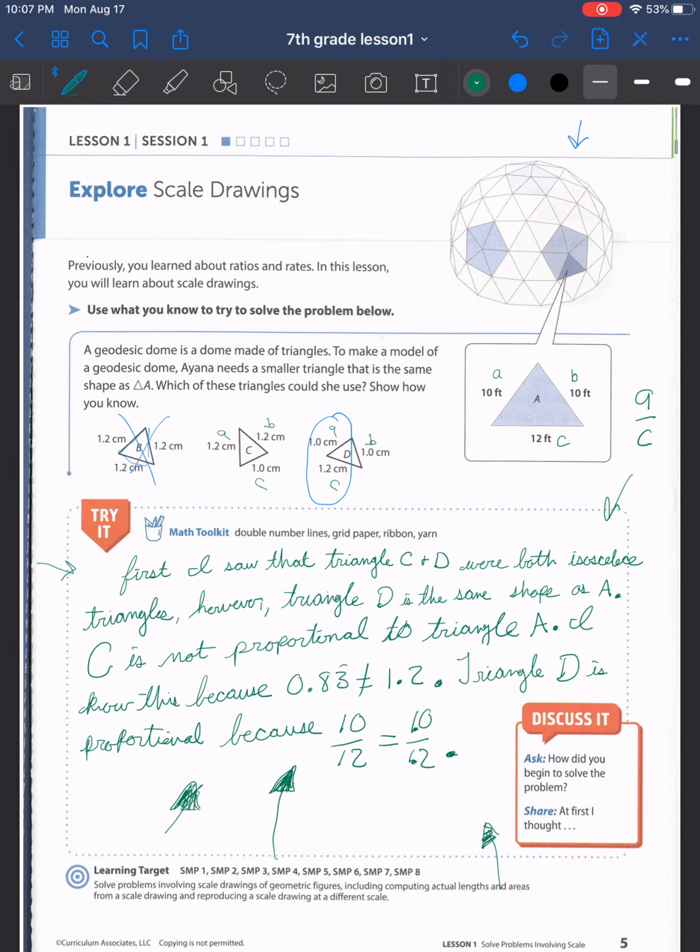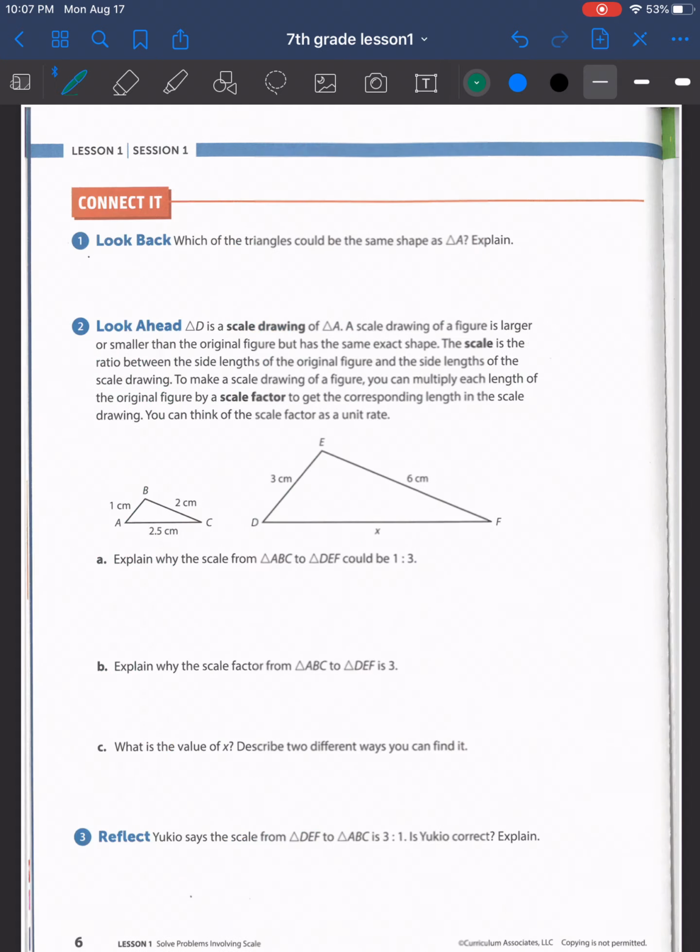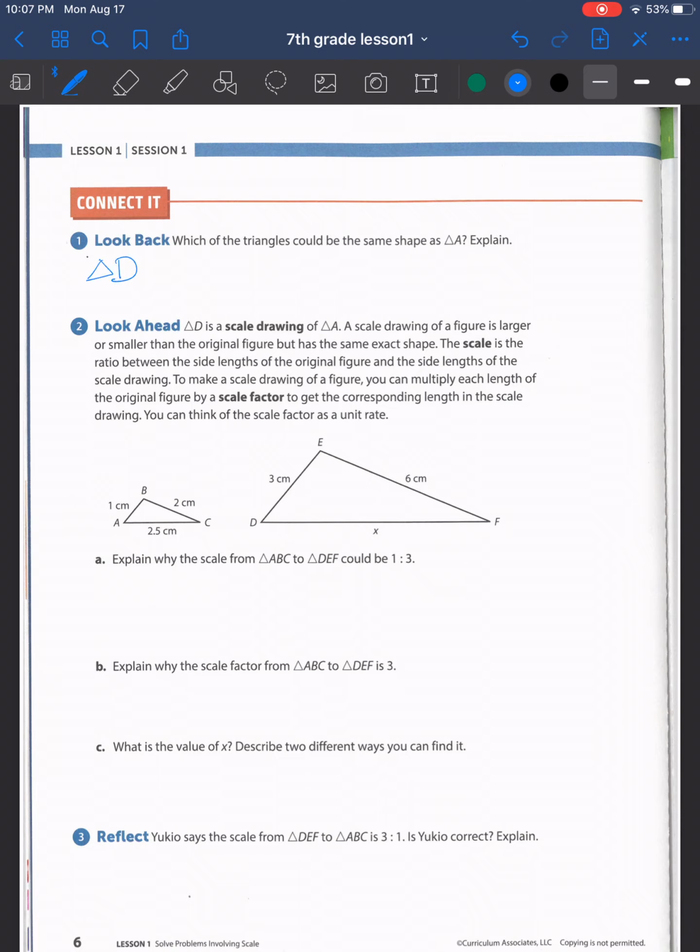D is the same shape as A because C is just too angled. Would you guys agree with that? So that's what we're going to say. It's not a trick question. We're going to say triangle D is the same shape as triangle A, period.